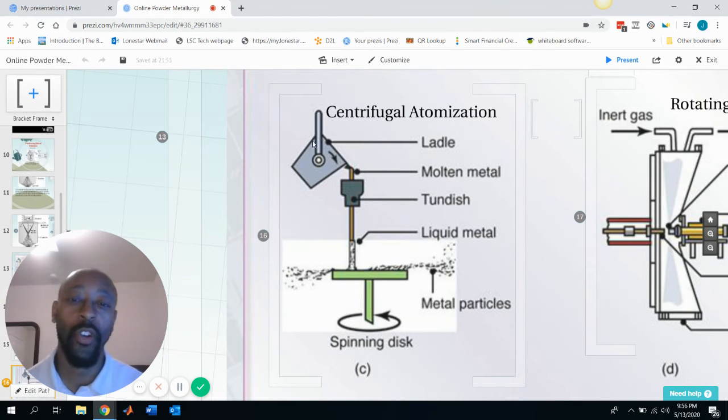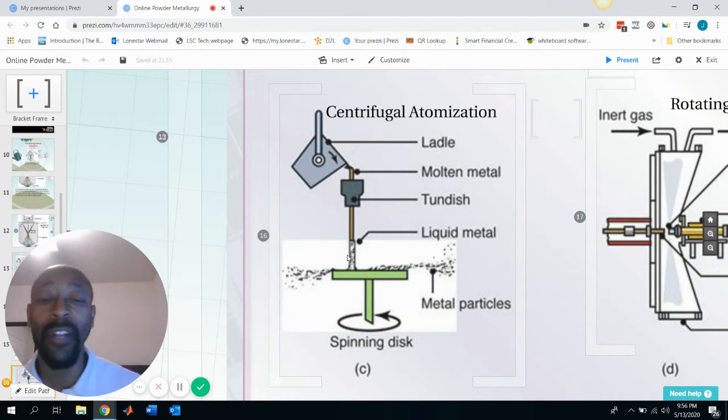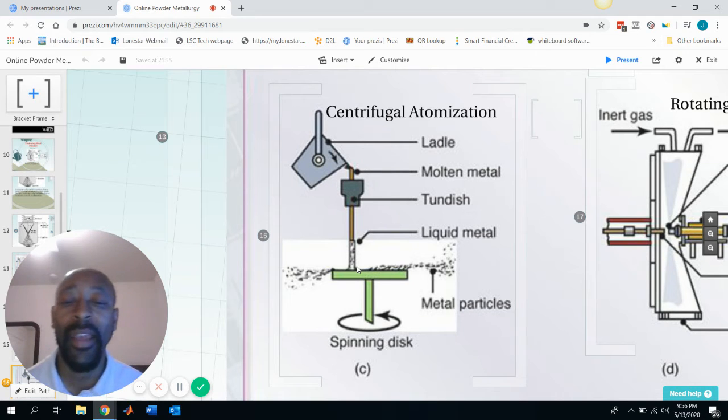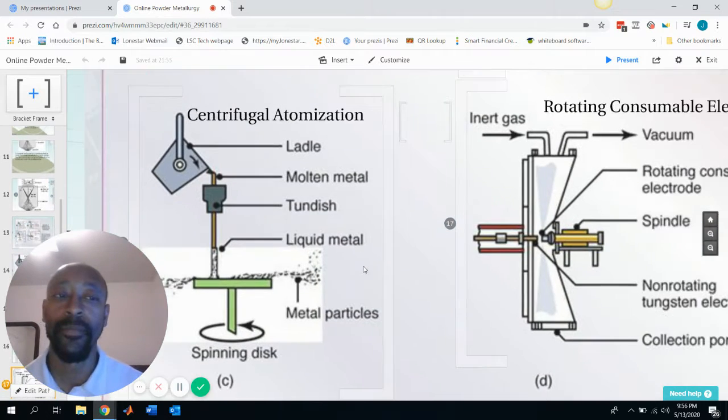Centrifugal atomization occurs when you pour, again, molten metal, and the molten metal falls on a spinning disk, and as it falls on the spinning disk, it cools and solidifies when it hits that disk, and as the disk is spinning, centrifugal force breaks apart that solidified molten metal and flings the particles out to the side. So that's centrifugal atomization.